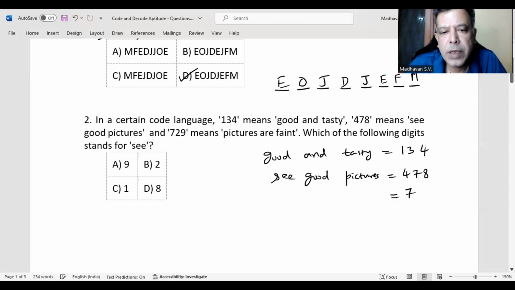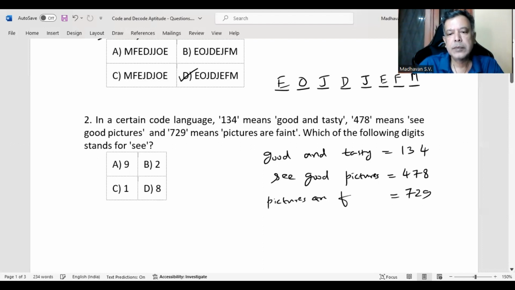Then 729 means pictures are faint. Which of the following stands for C? Let us see some common words and common numbers. In the first and second, the common word is good and the common number is 4. So we can equate good to 4.